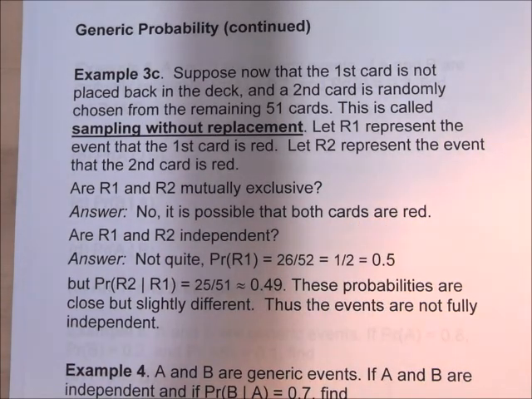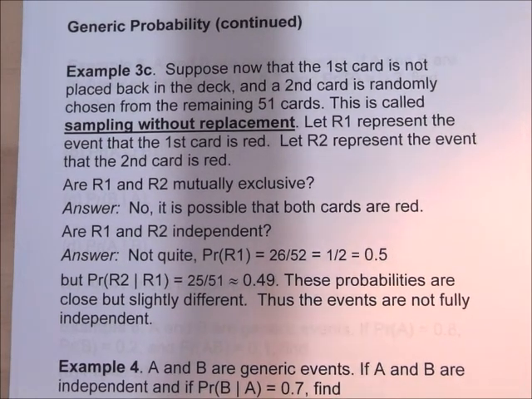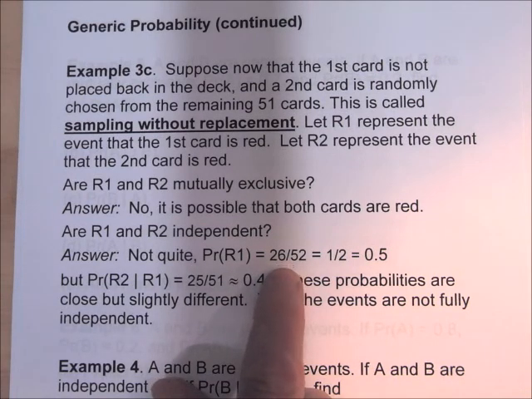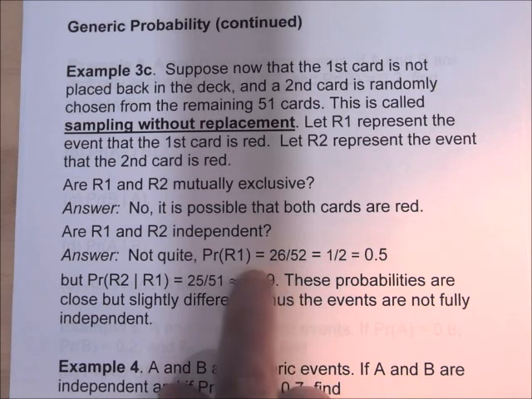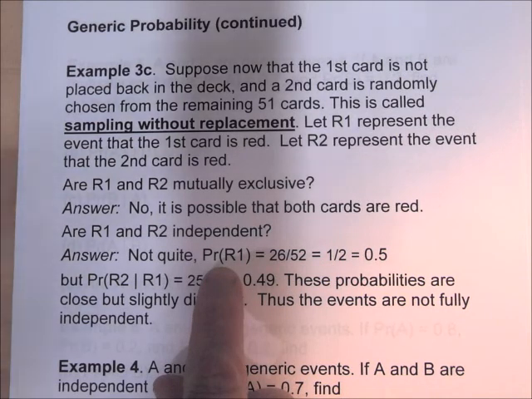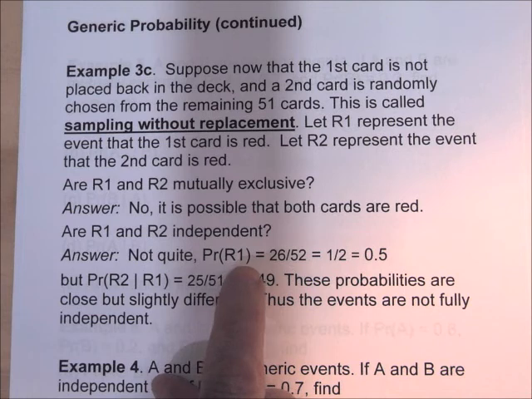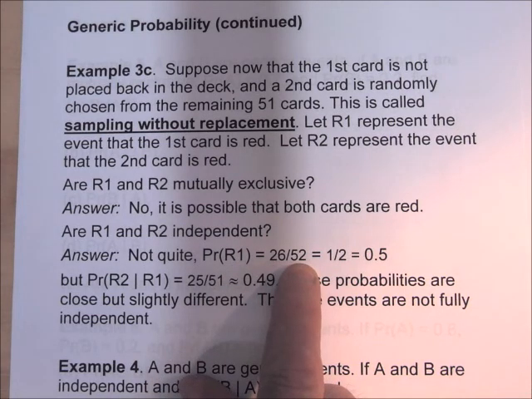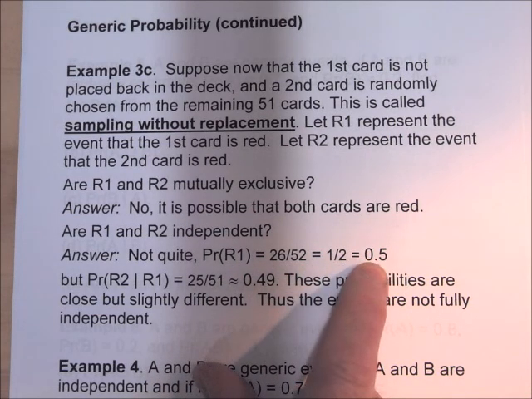Are R1 and R2 independent? Well, not quite. They're somewhat dependent. They're close to being independent, but not quite. The probability of red on the first draw, 26 out of 52, which is 1/2, is 0.5.